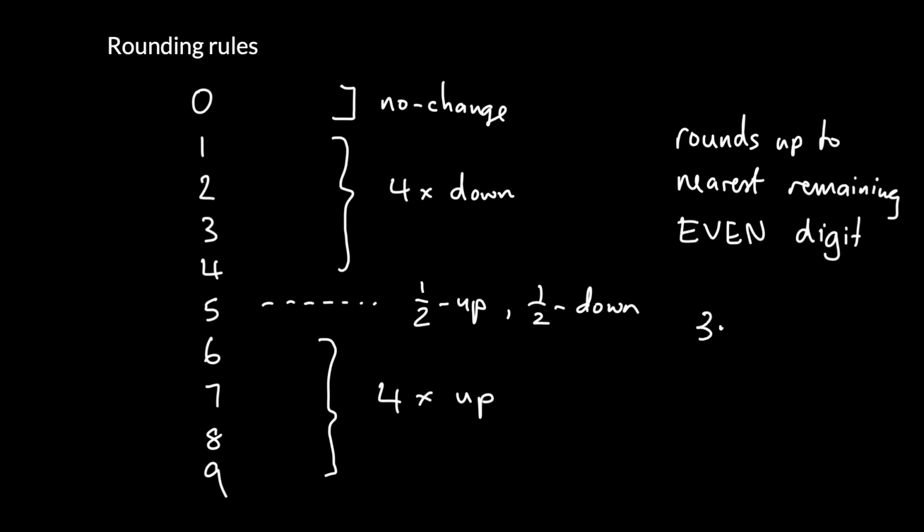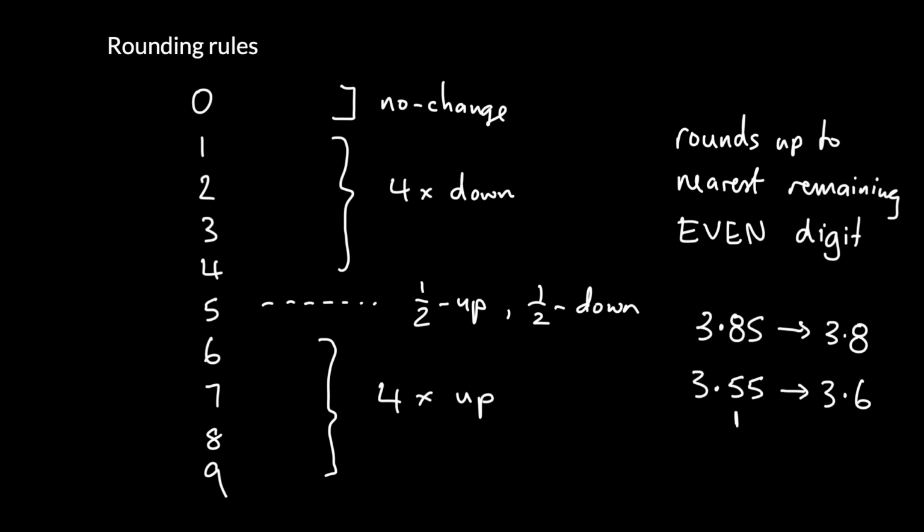What do I mean by that? If you've got a number like 3.85, then, well, 8 is already even, so it can just round to 8. But if you've got a number like 3.55, then the 5 here is odd, so we round up to the next even digit. That would make it 3.6.